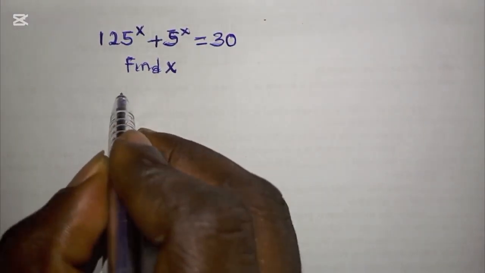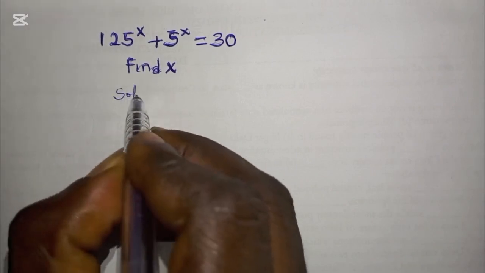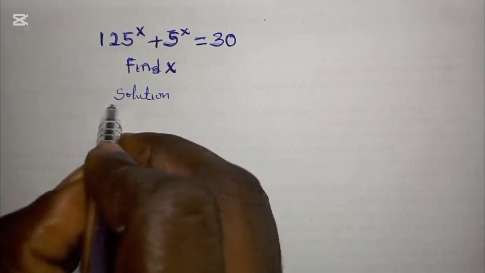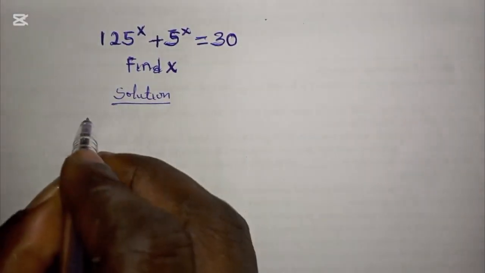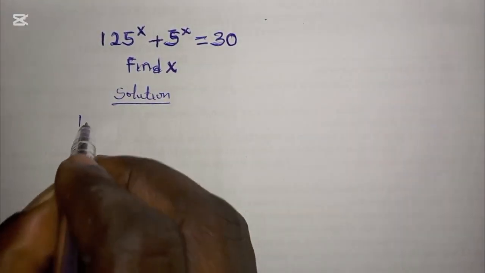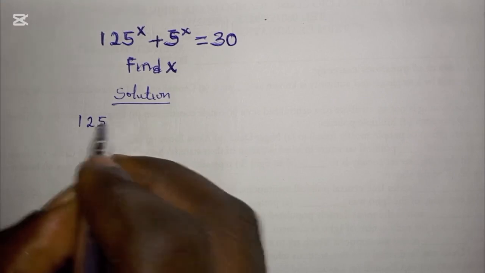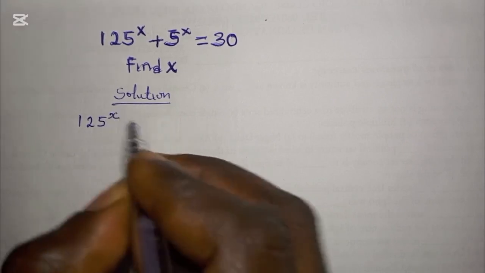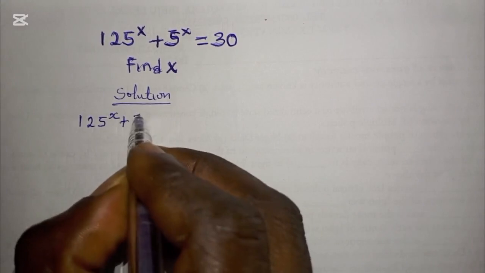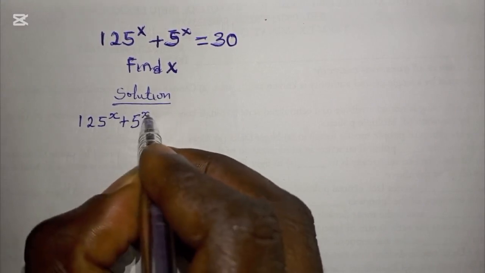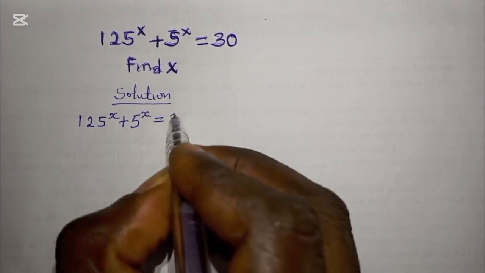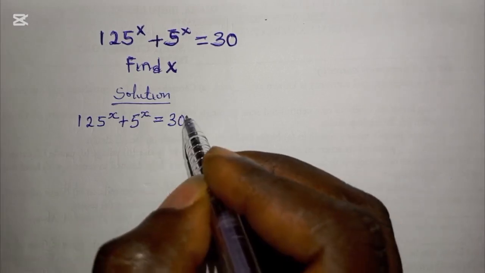Let's solve together. Solution: we have 125 raised to the power of x plus 5 raised to the power of x equals 30.